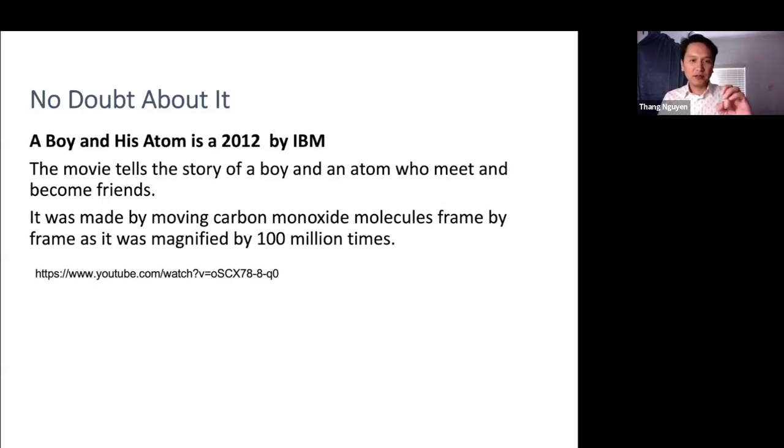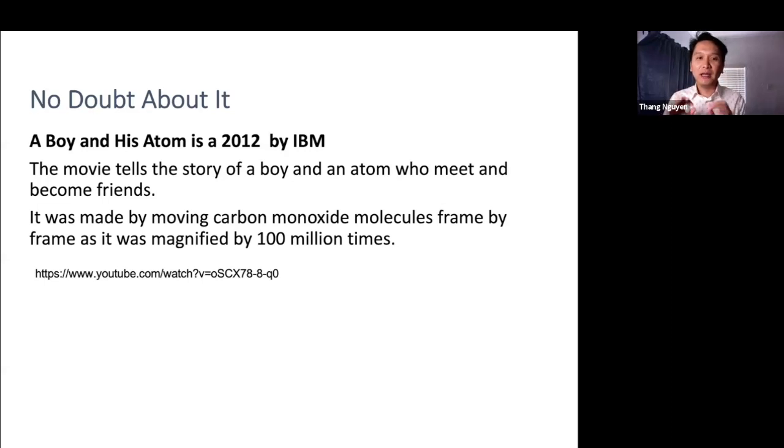So to illustrate this point, researchers from IBM made this movie called A Boy and His Atom, and they made it in 2012. So in this movie, they tell a story of a boy meeting an atom and making friends with his atom, and this atom does various cute things. So the point of this movie, though, is to show that we can actually see atoms.